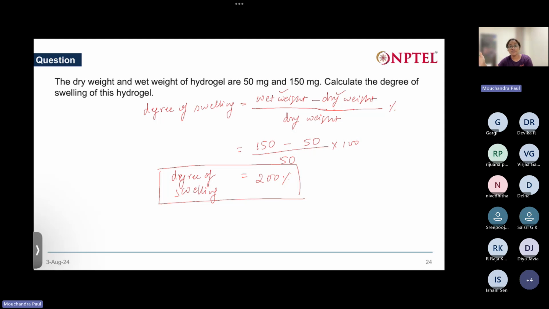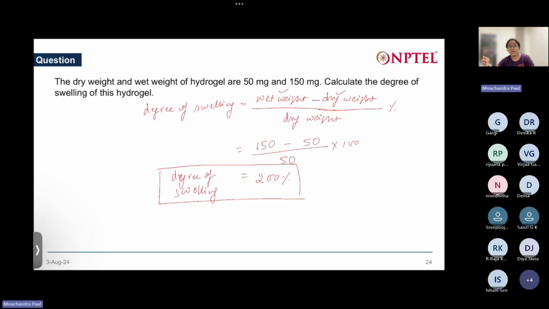So over a period of time, we get the values of degree of swelling and try to understand if there is a change in swelling. That means we're trying to understand the kinetics of swelling of this hydrogel. Why is this needed?